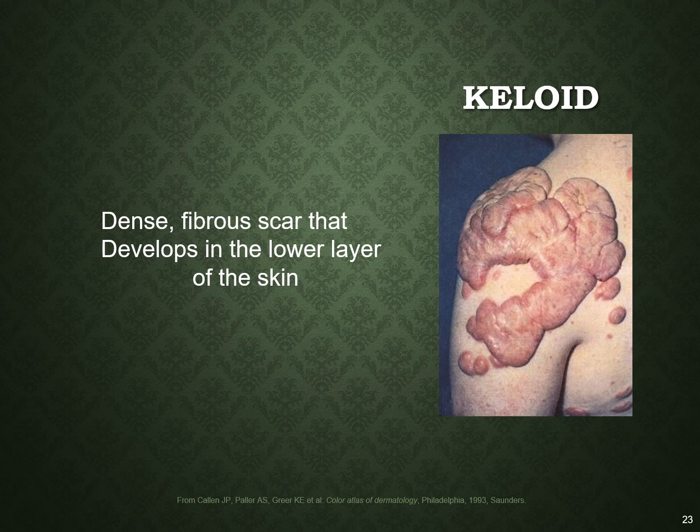However, if it is a very large wound or cut, or the cell damage is extensive, it may remain a dense fibrous mass called a scar. A specific type of unusually thick scar that can develop in the lower layer of the skin is what you see here, called a keloid scar.